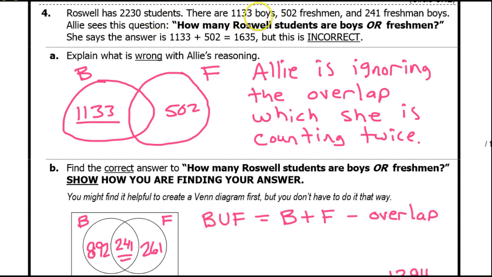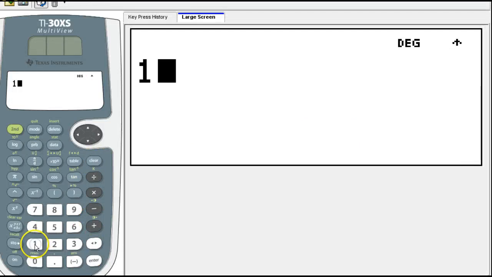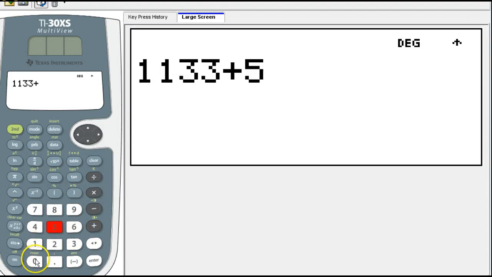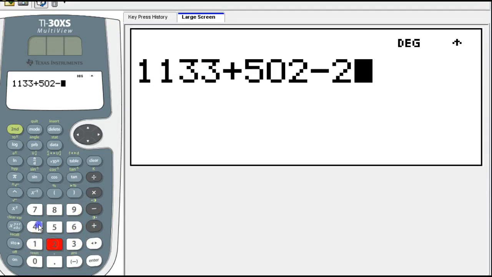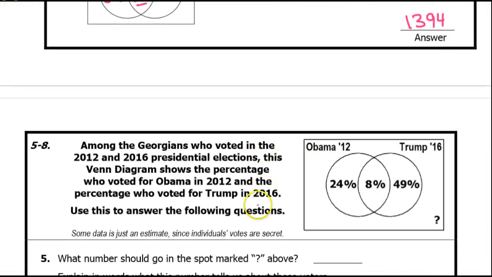So we know that there are 1,133 boys, plus 502 freshmen, minus the overlap of 241. All right, so we could have done it using the formula as well. All right, moving on.